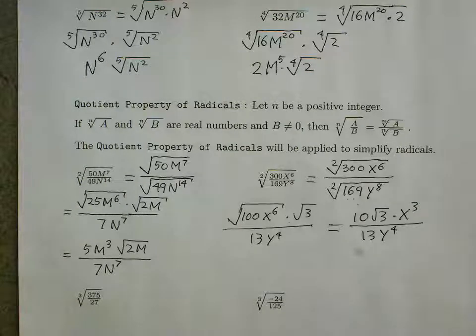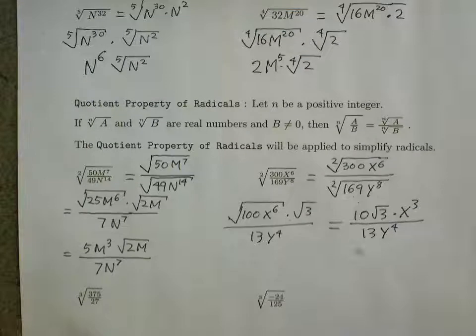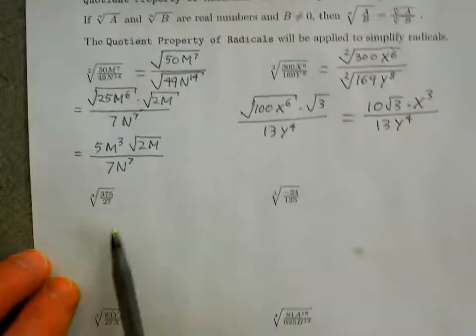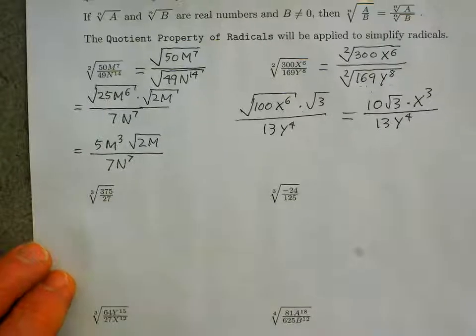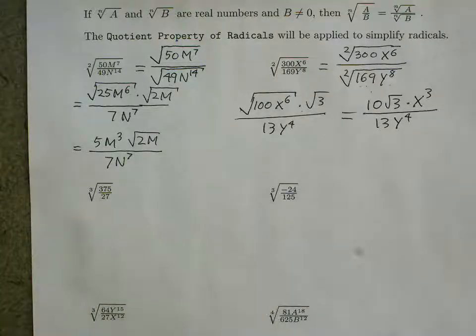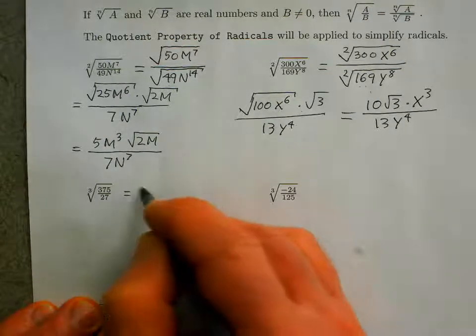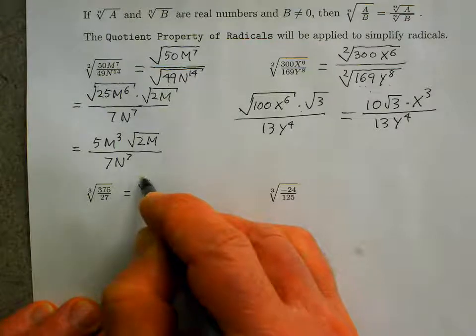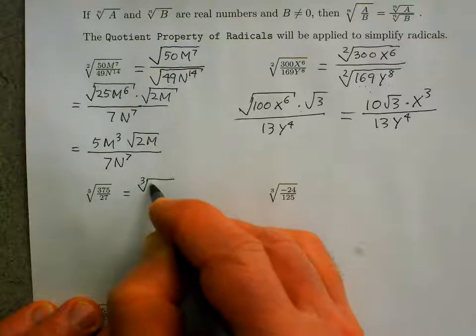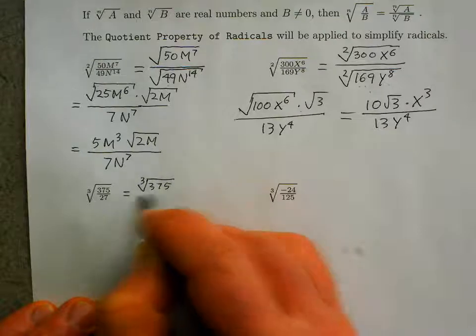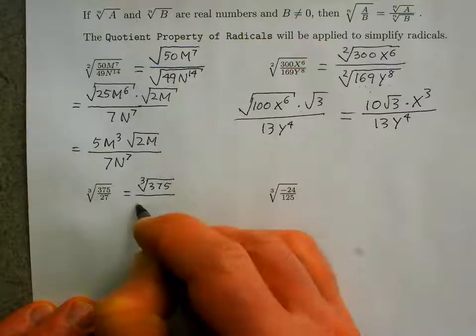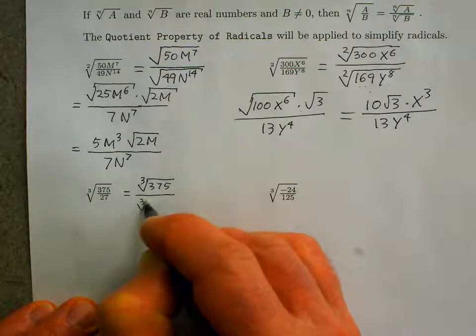Okay, we're down to about a couple of minutes. Let's try the first cube root of a quotient. Simplify the cube root of 375 over 27. We can write this as the cube root of 375 divided by the cube root of 27.